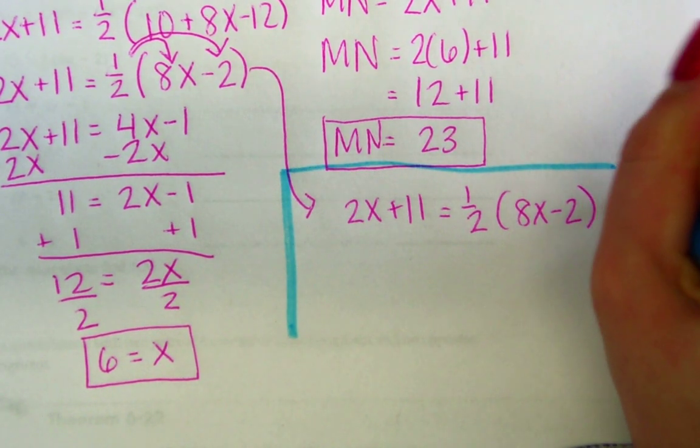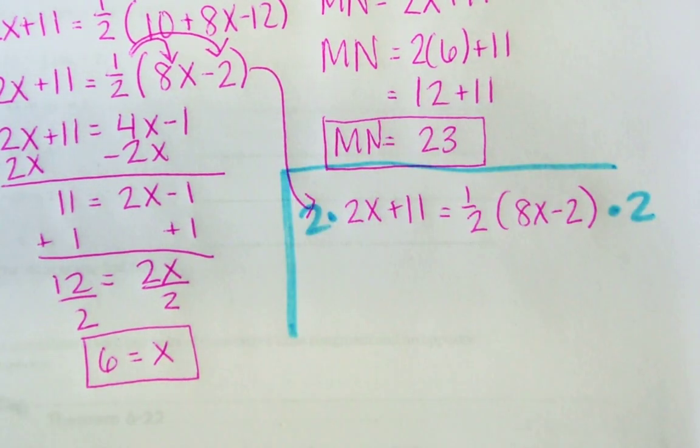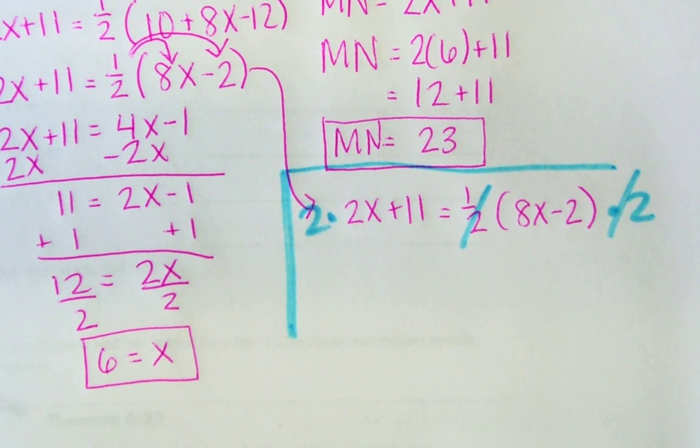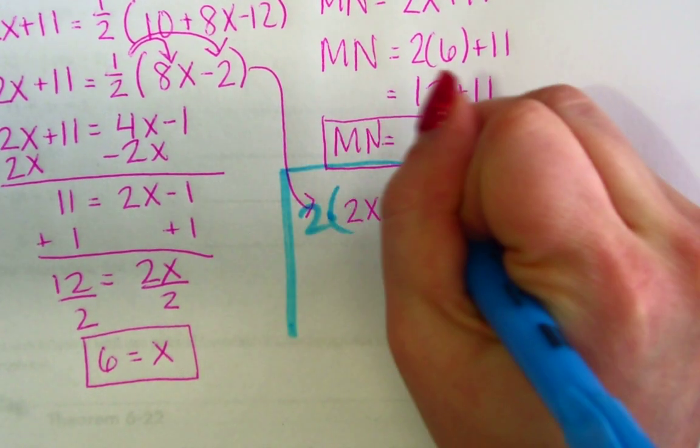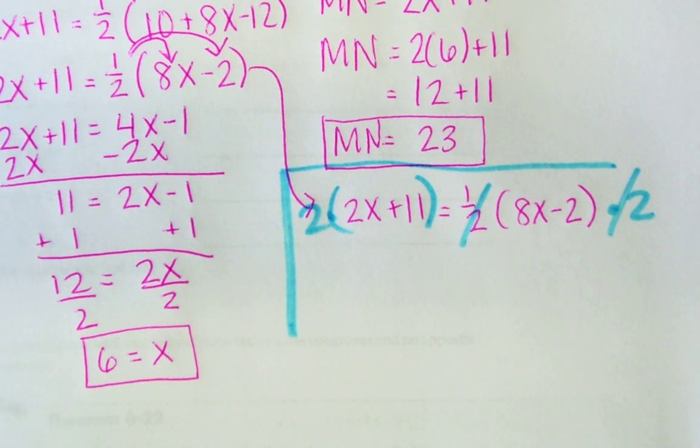Now, if I multiply by 2 on the right, all it's going to do is cancel out my fraction. It doesn't change the 8x minus 2, but I would have to distribute that 2 on the left to everything on that side.